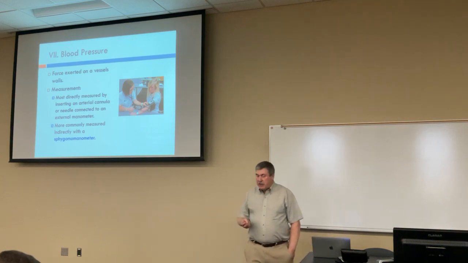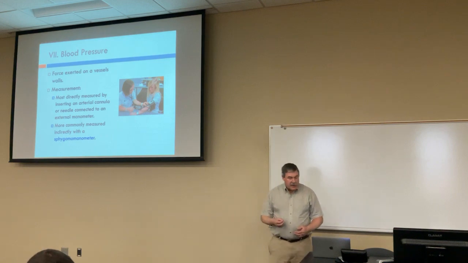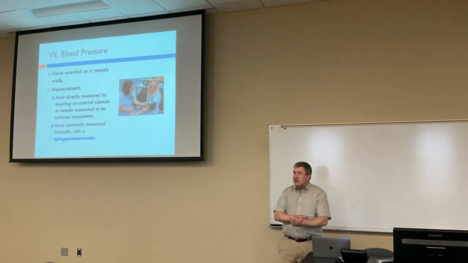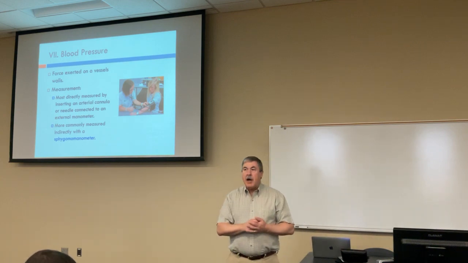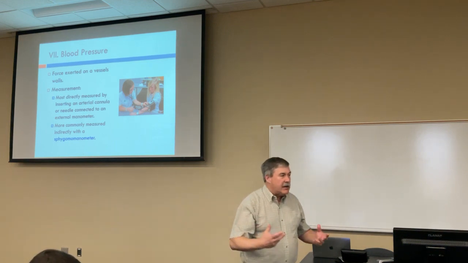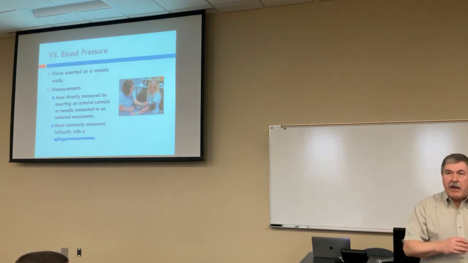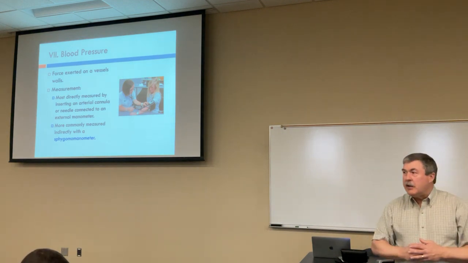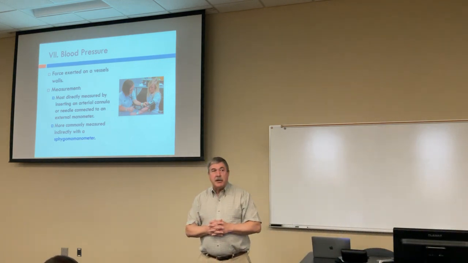The way you directly measure blood pressure is by placing an arterial cannula, which is essentially like a hollow hypodermic needle, directly into an artery, and then connecting that needle to a manometer, which is basically a U-shaped tube that has some kind of fluid or mercury in it. The pressure exerted by the blood on that column of mercury will push it up a certain number of millimeters, and that's the most direct way of measuring blood pressure.